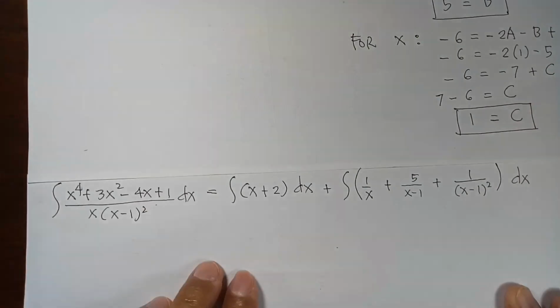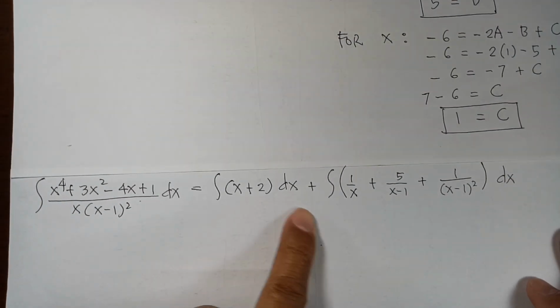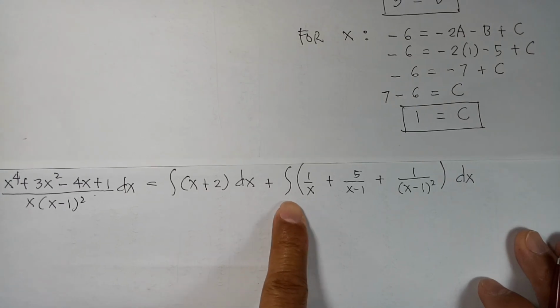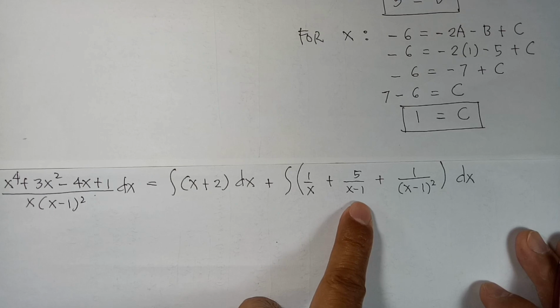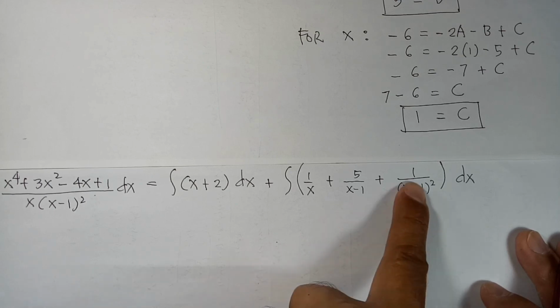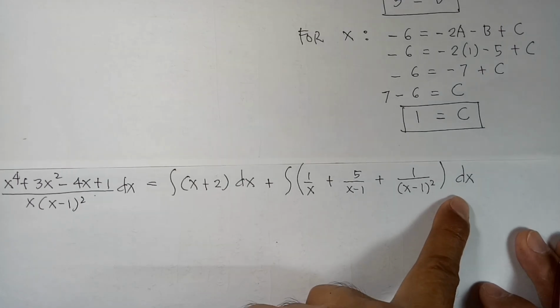So it is now equal to the integral of the quotient x plus 2 dx plus the integral of 1 over x plus 5 divided by x minus 1 plus 1 divided by x minus 1 squared dx.